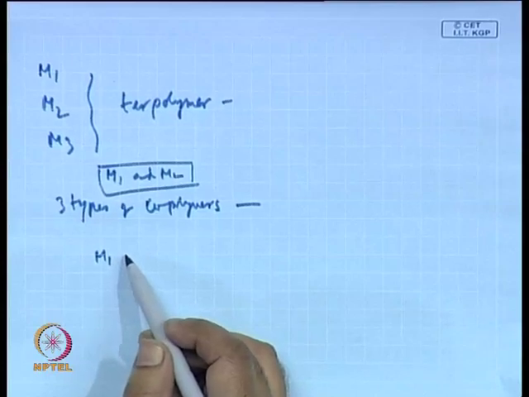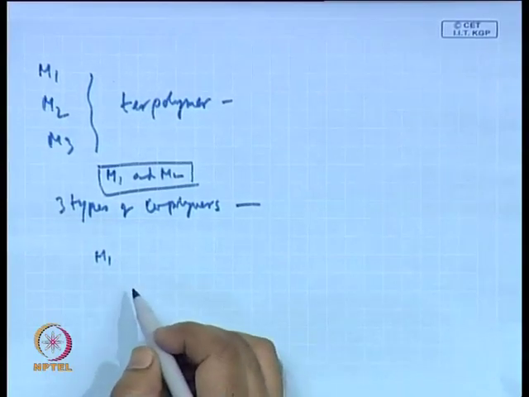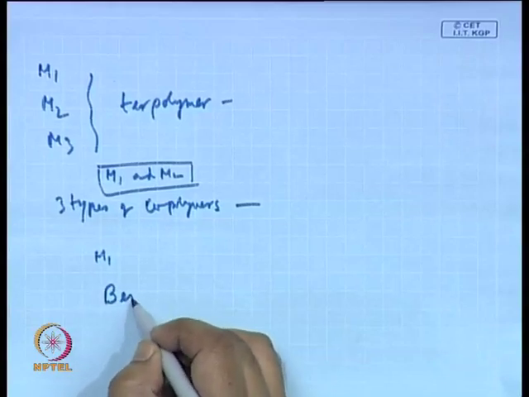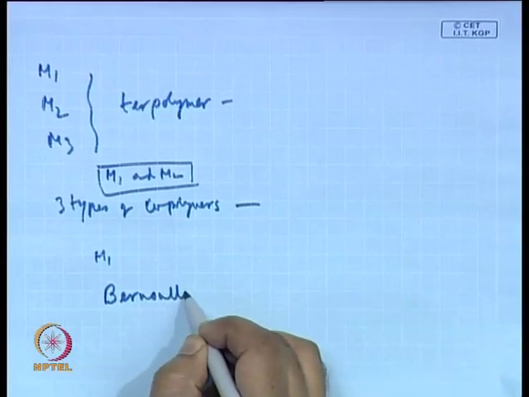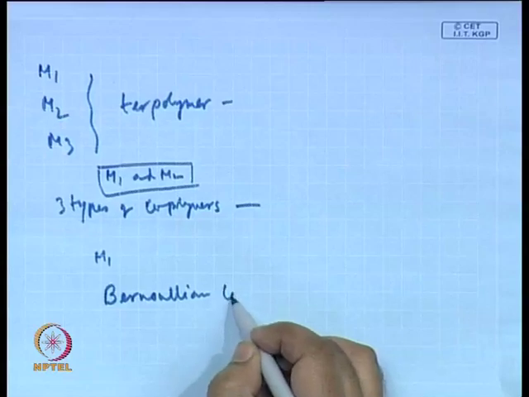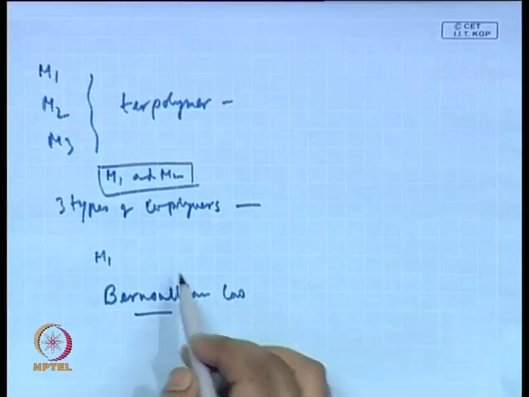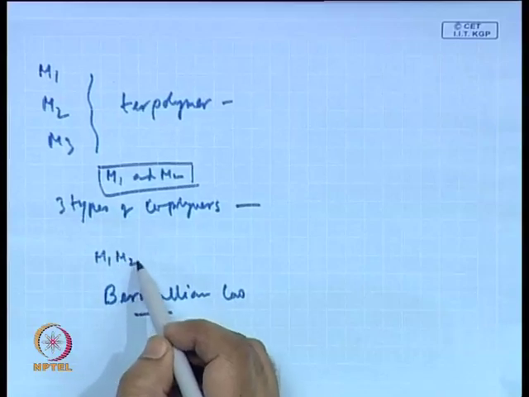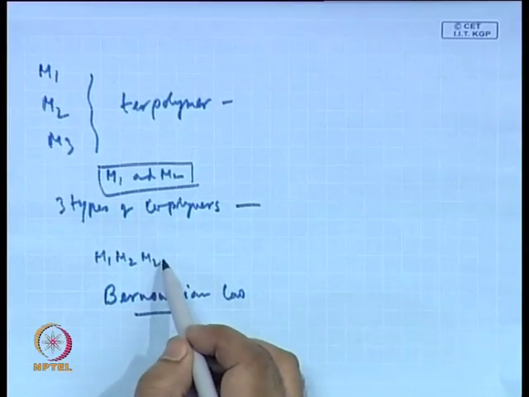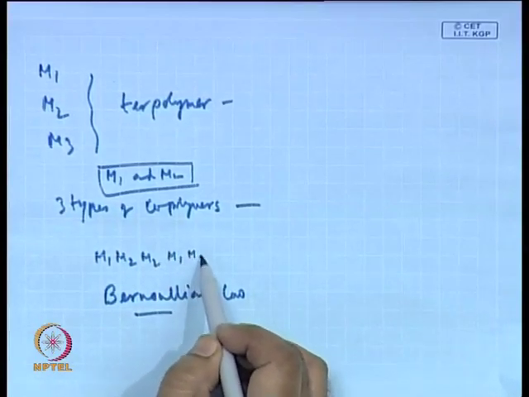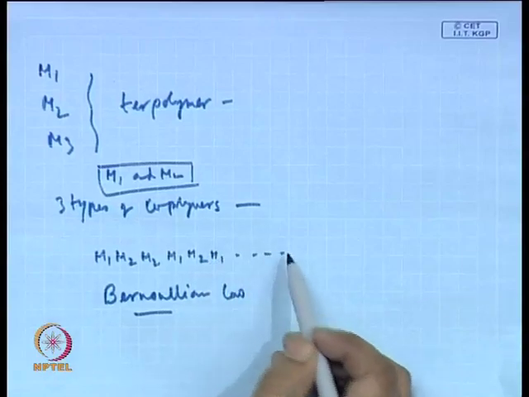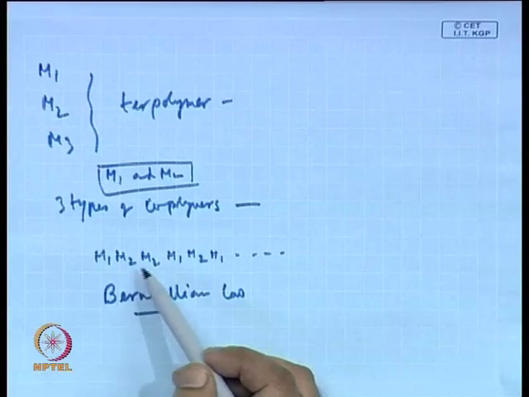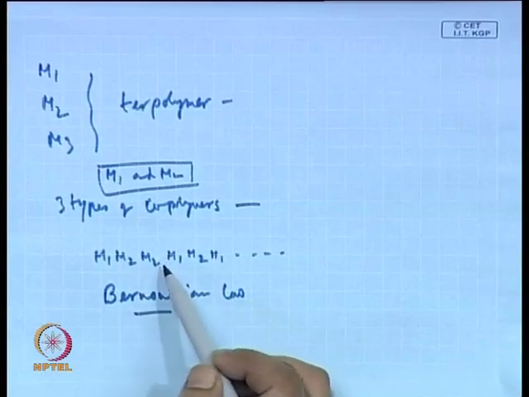and one of the laws could be the Bernoullian statistics, which is basically nothing but the random arrangement of these molecules without any bias, like there is no bias on the incorporation of the two monomers one after one.